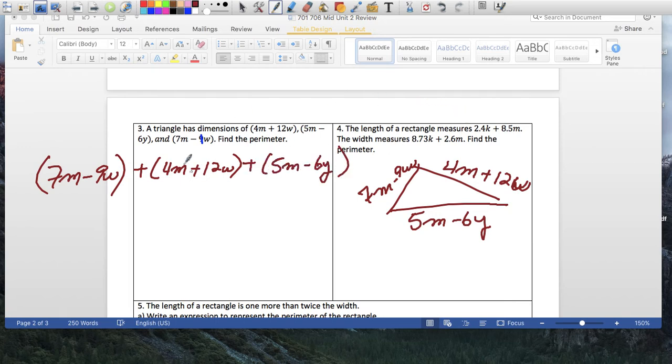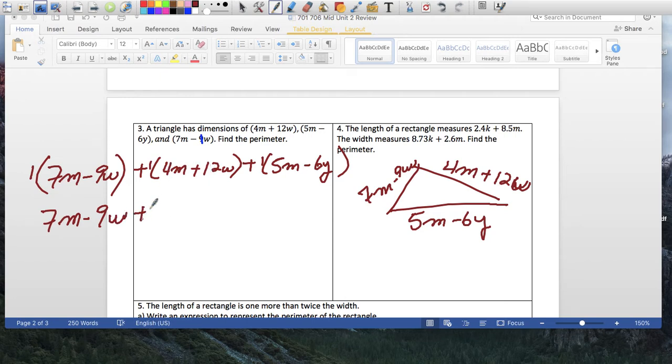Now, if I add all these, because I put them in parentheses, and you should until you understand that when I remove the parentheses, everything's going to come out the same. So if I put a little 1 in front of each of these and do the distributive property, 7m minus 9w comes out as 7m minus 9w. 4m plus 12w, exactly the same.